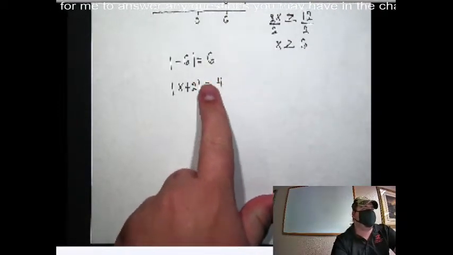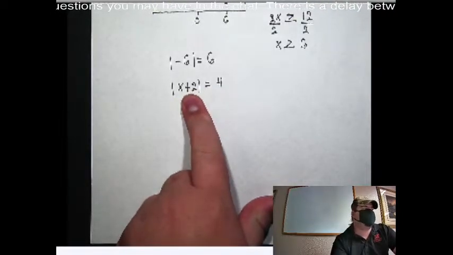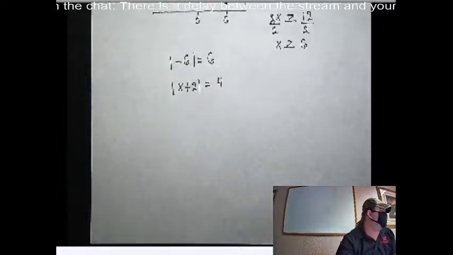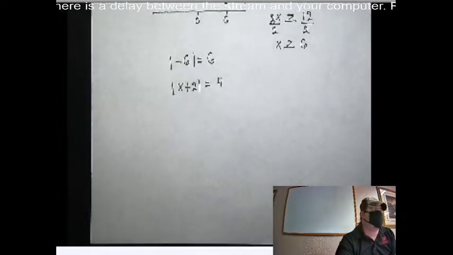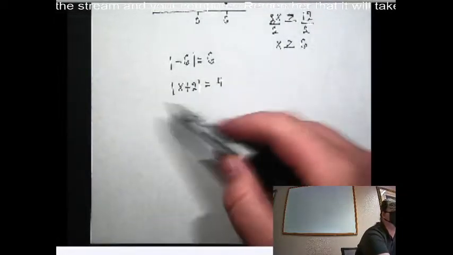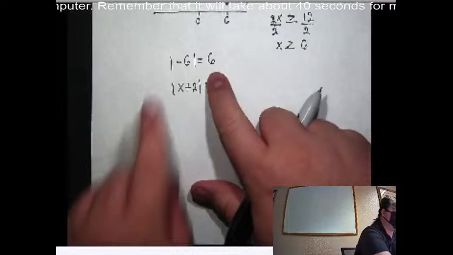So ignoring that we have equal to 4 here, if the absolute value has to be 4, what are the two things that x plus 2 could be? If we take the absolute value of this and we get 4, what are the two things that this could be inside of here? The whole thing.